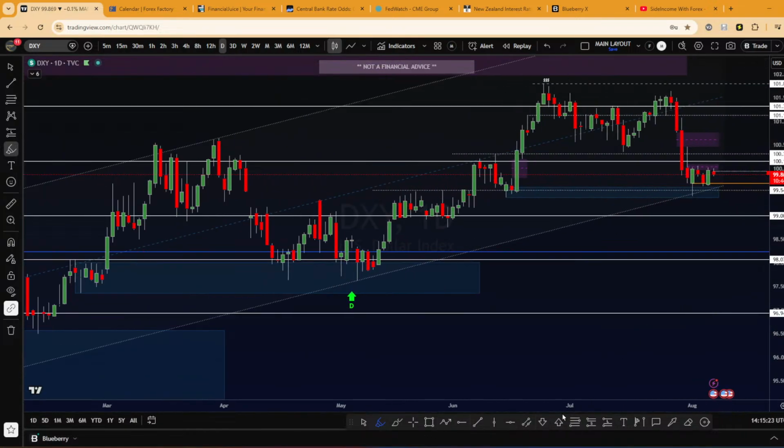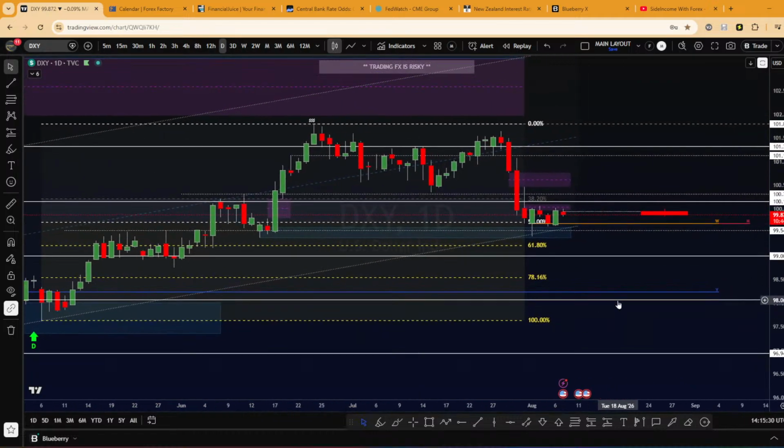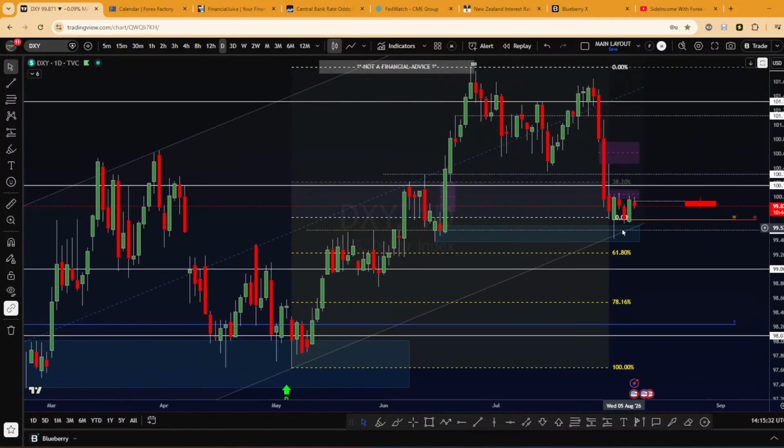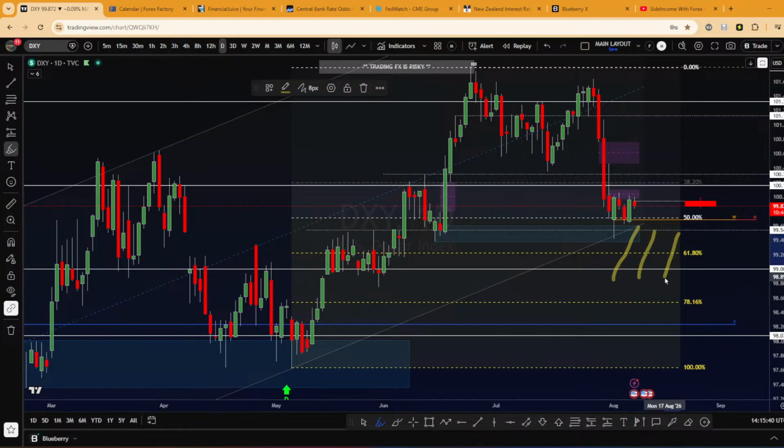If I zoom in and take the Fibonacci from this low to this high, you see that price retraced around the 50% of the Fibonacci. So we still have room to target the discount price around 61.8%.